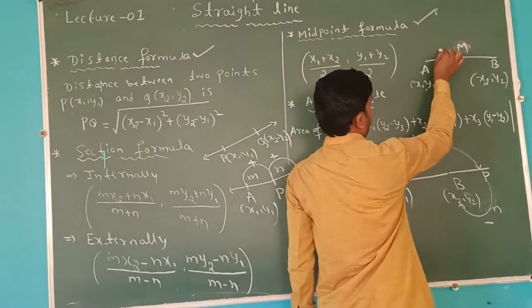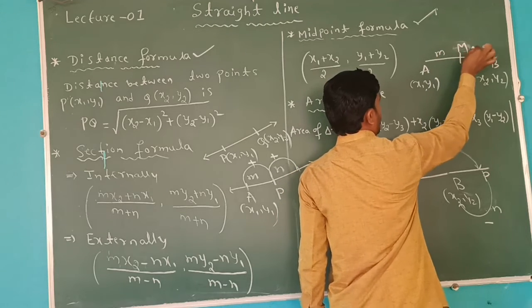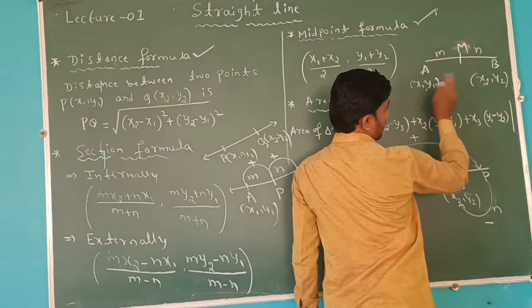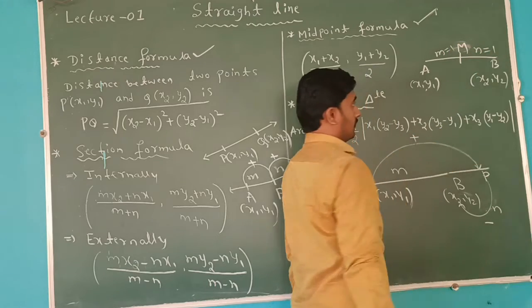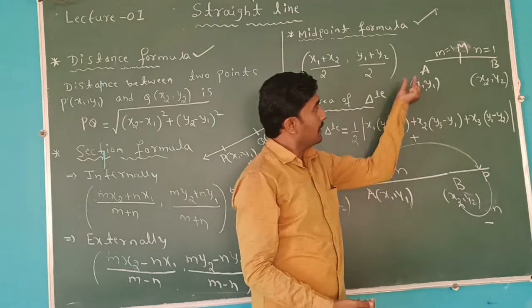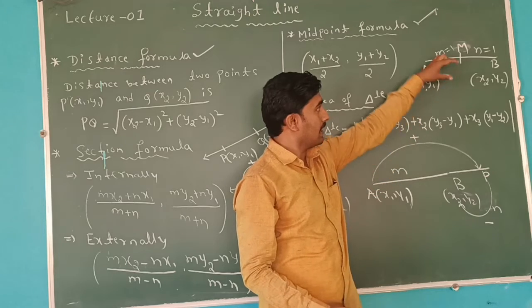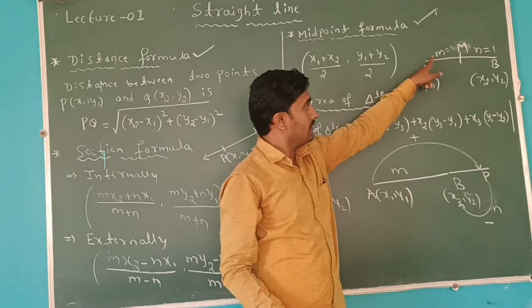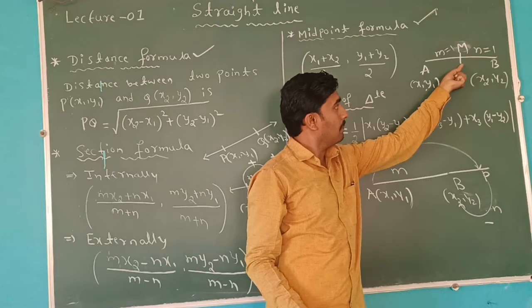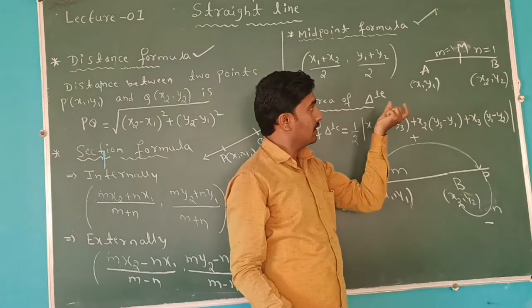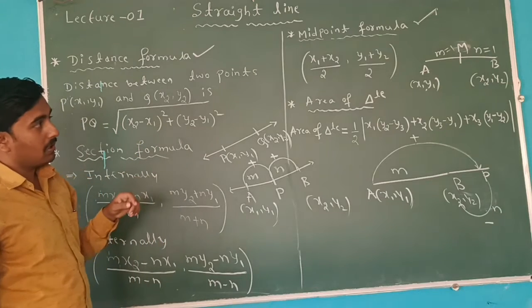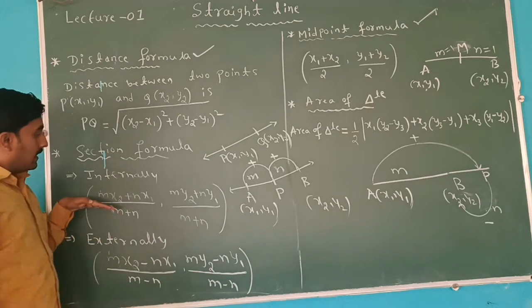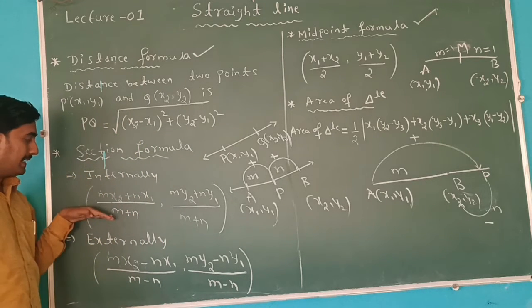Then suppose this M divides the line in the ratio m ratio n. If it is the midpoint, here m is 1 and n is also 1. M is the midpoint of AB, therefore AM is one equal part, that is m equal to 1, and MB is also an equal part, that is n equal to 1. So you can substitute m equal to 1 and n equal to 1 in the section formula of internally.